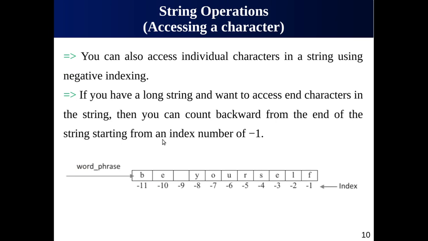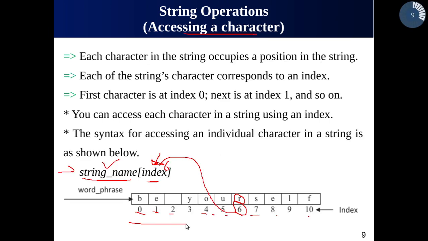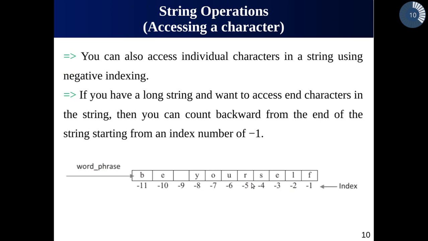There is also another way of indexing or accessing a character, and that is to use minus indexing. If you move from left to right, the indexes start from 0. If you want to move from right to left, then the indexes will start from -1, -2, and so on. This is another way to access the elements, the characters of a string.